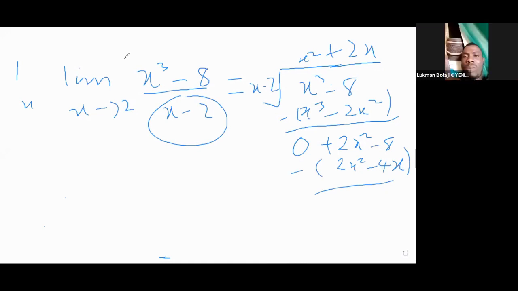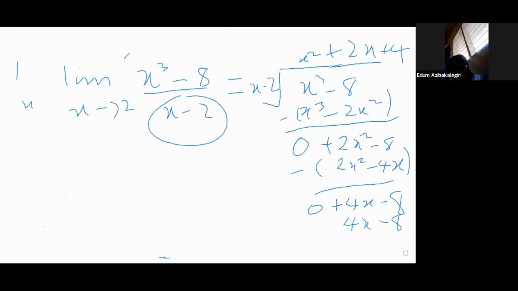Then minus times this will give us plus. Minus times 8. Is that taken? Then what we now do here to give us this, we multiply them by 4. This will now give you 4 times x, 4x, 4 times minus 2, minus 8. If you do this one, we are going to have 0 here.